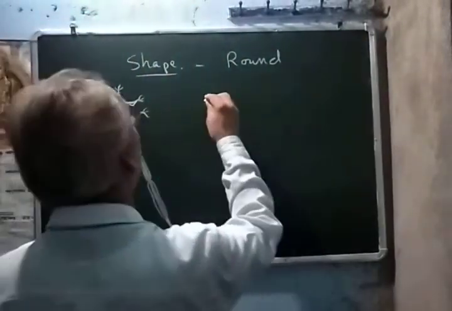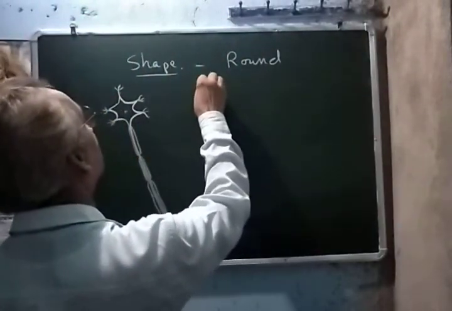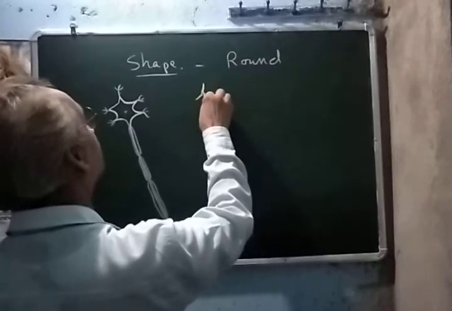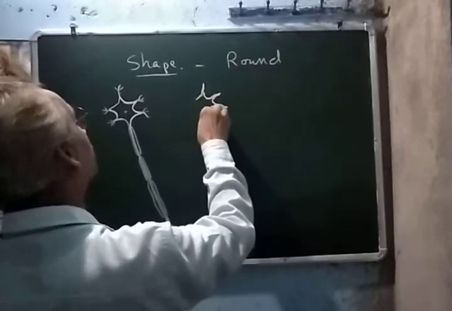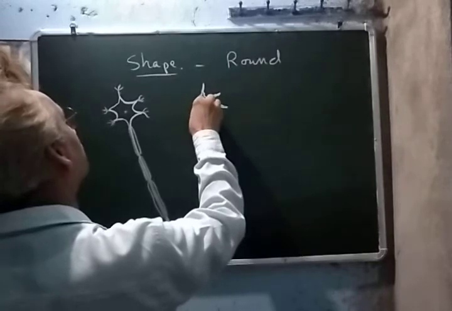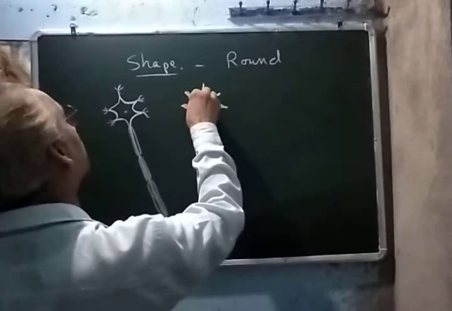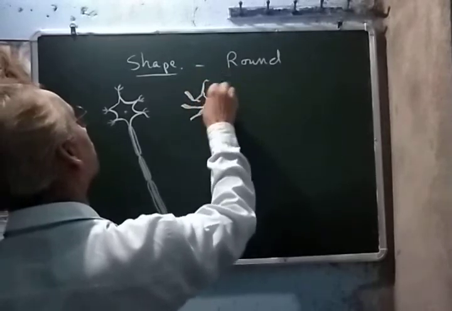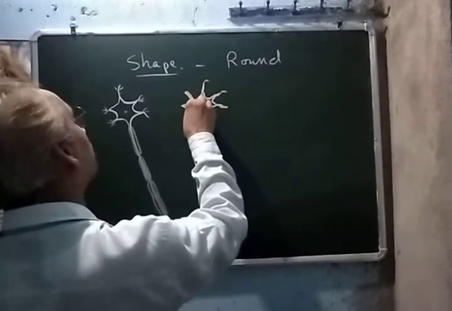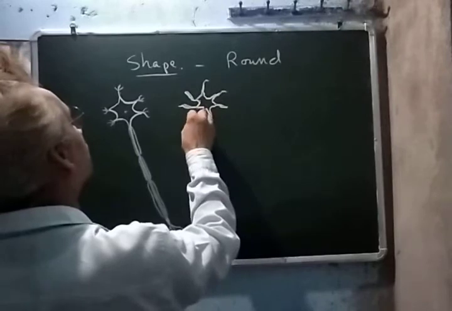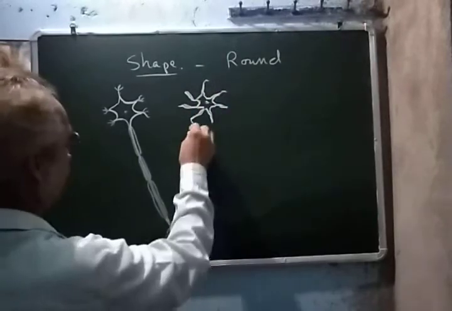Some cells are star-shaped. This is a bone cell.